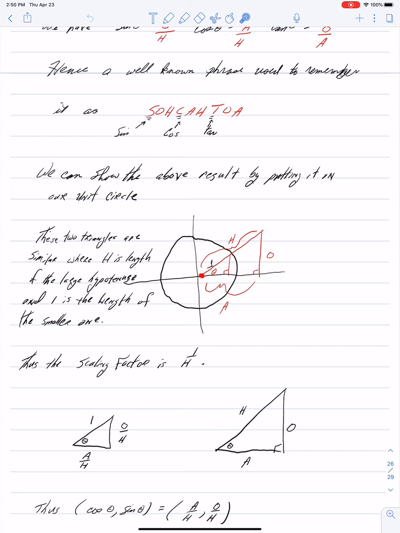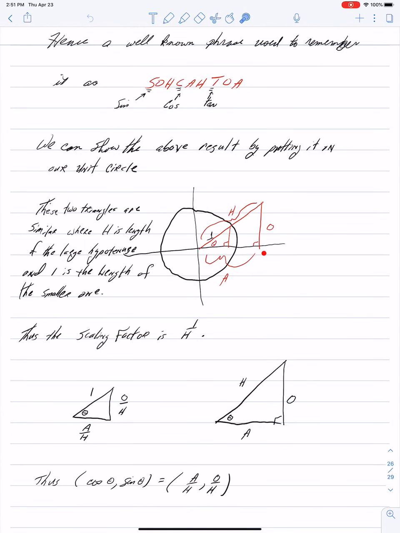Adjacent, that's along the x-axis, opposite, parallel to the y-axis, and there's the hypotenuse, and there is my angle theta. All right? So we all know that with a triangle set like that, cosine of theta and sine of theta are defined by exactly these points.